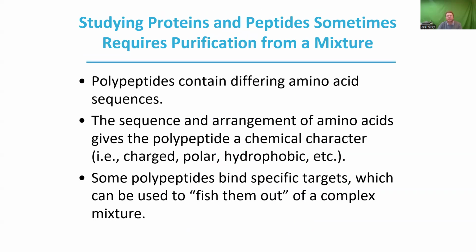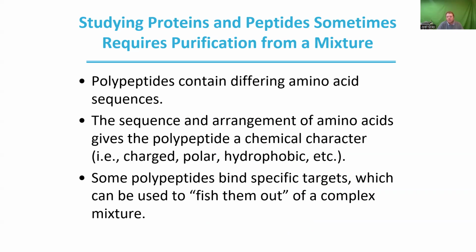What we're going to get to today is we're going to start studying proteins and peptides, and in order to do that, you have to be able to purify them. Biochemistry is a very reductive field. You want to take a very complex mixture and distill it down to a small number of things. Polypeptides contain different amino acid sequences.